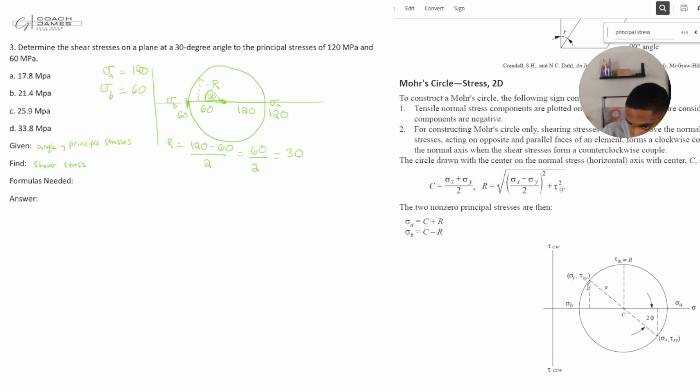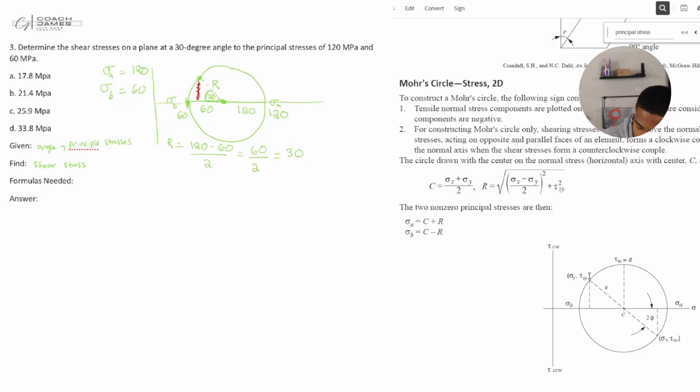So I see sigma Y, and then what's my TXY, or my shear stress. This is what I'm solving for, this point in the Y direction. So I'm solving for this line, right? And what is that height?